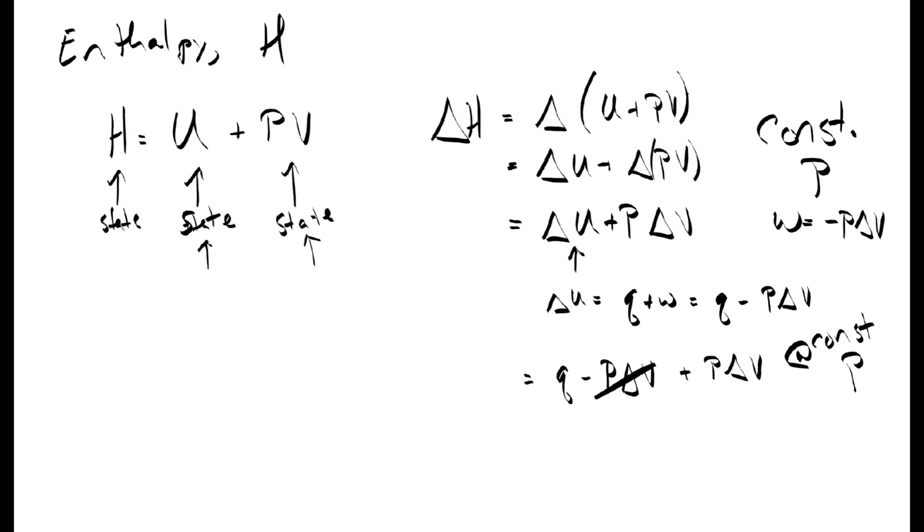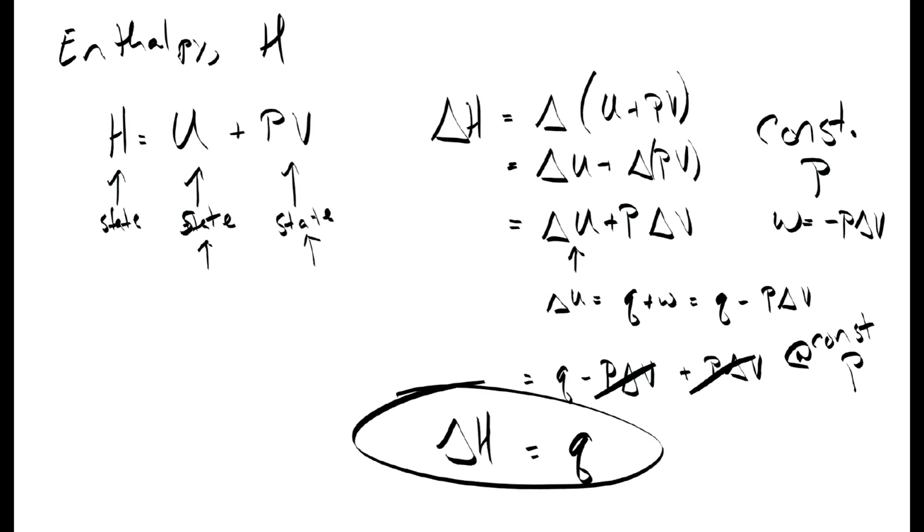And thus, minus P delta V plus P delta V cancels out. At constant pressure, delta H is equal to Q. This is a big deal.